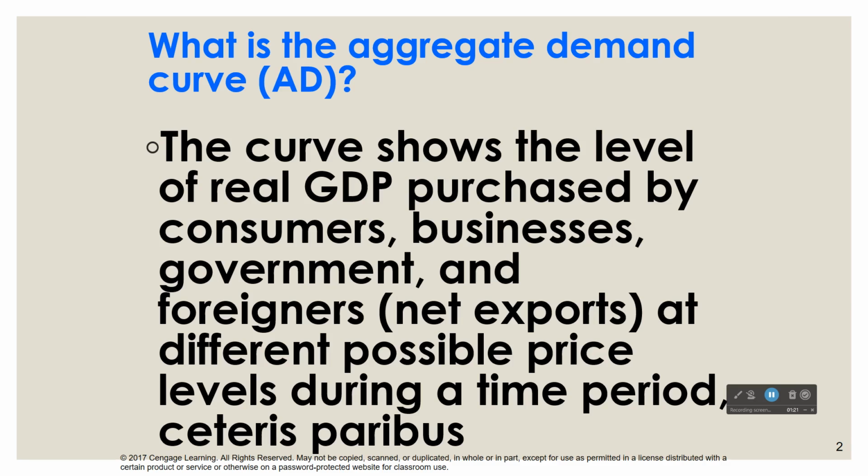So we hold all the other things that would affect how much of a nation's output these four groups would buy, and we only allow the price level to change. And we see how much output, real GDP, these individuals would buy during a given time period.